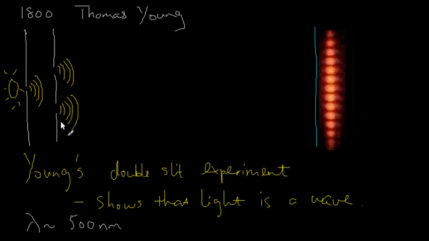But remember what I said when I talked about diffraction of waves. When I talked about this diffraction property of waves in a past session, I said that diffraction means that the wave bends around a corner. So the moment I say that light is a wave, that would actually suggest that light can bend around a corner.